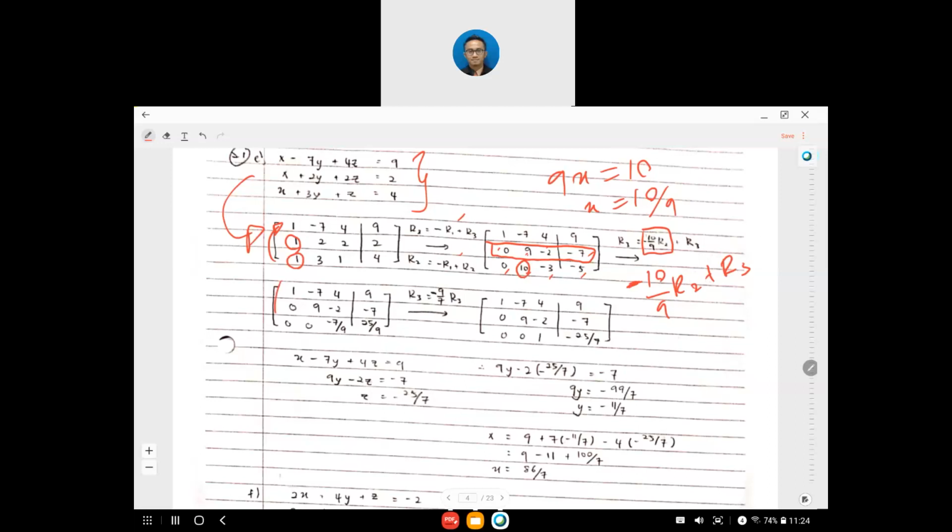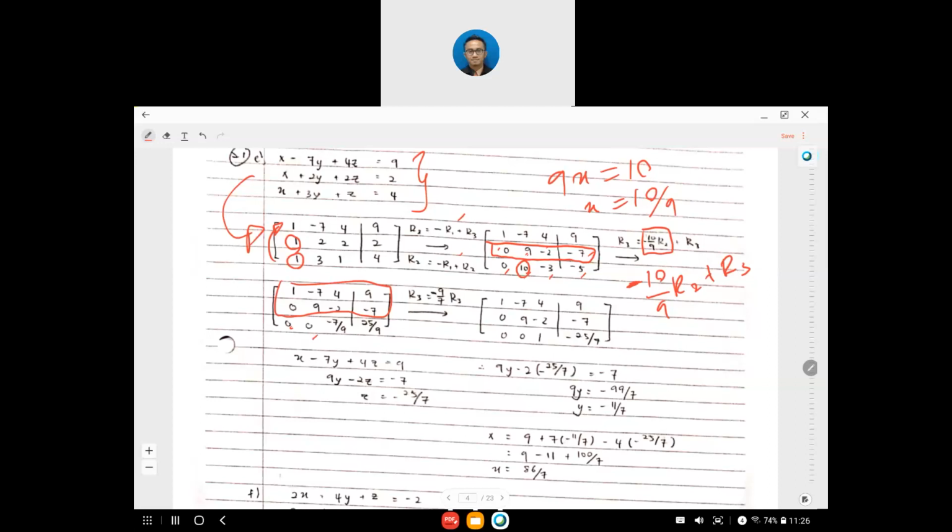So the rest, these two rows, stay the same. What changes is row 3. So 0, 0. And then -2 times -10 over 9. So you can get how much? 0, right? This one is 0, -2.